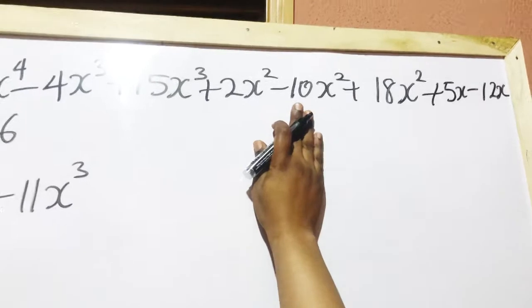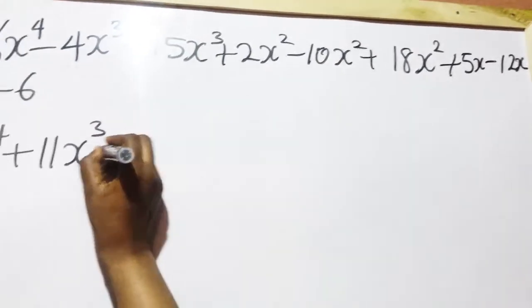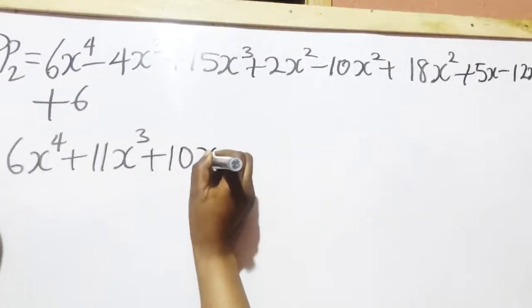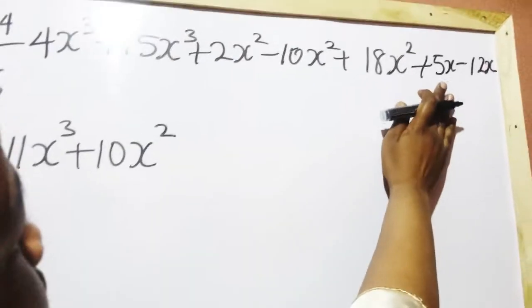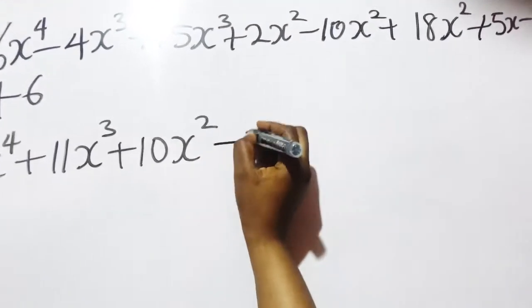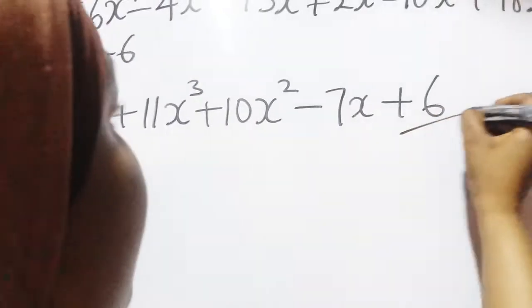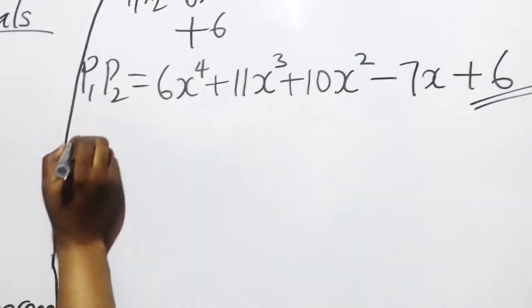Minus 8x squared plus 18x squared will give me plus 10x squared. Plus 5x minus 12x will give me minus 7x, then plus 6. And that is the answer. So, method 2.